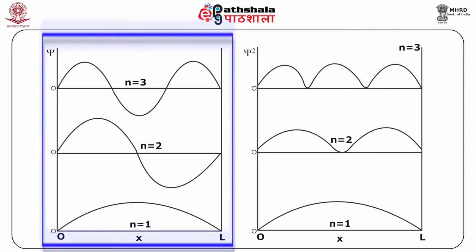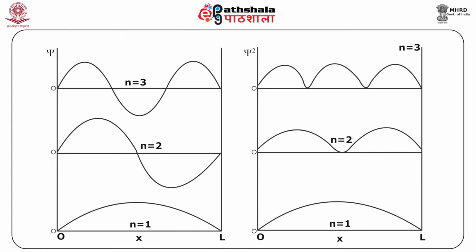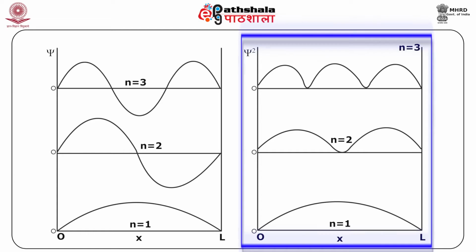You can see on the left hand side for the ground state how the wave function looks. Then for n equal to 2, there is one node in the middle of the box, and for n equal to 3, there are two nodes. But when we plot the corresponding probability density, which is the square of this wave function, these all become positive, and that is represented on the right hand side.